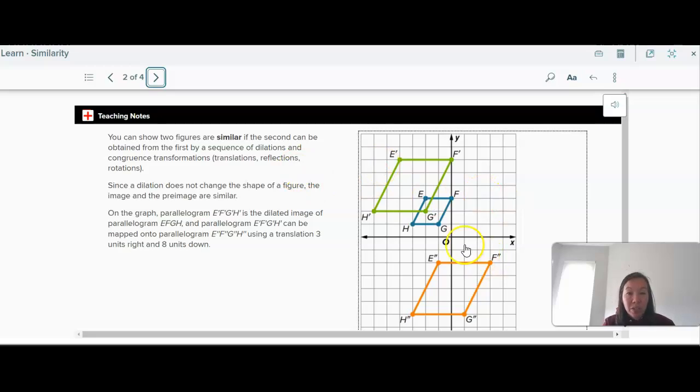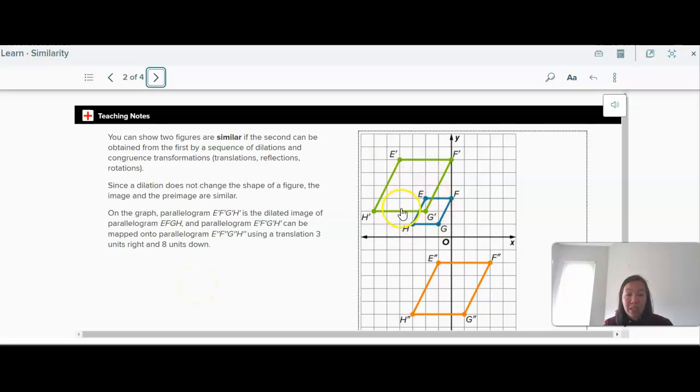Sorry, I'm skipping ahead. We can show figures are similar if the second can be obtained from the first by a sequence of dilations and transformations. So if I want to see if E'F'G'H' or E''F''G''H'' comes from EFGH, if they are similar, are there transformations I can do to get from one image to the other?